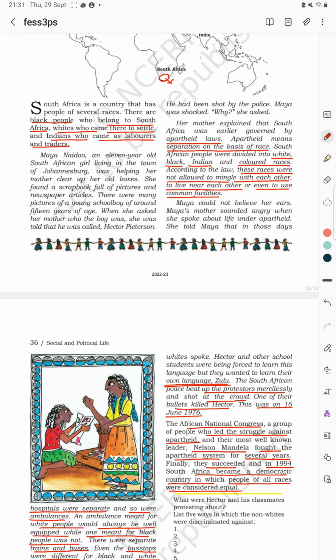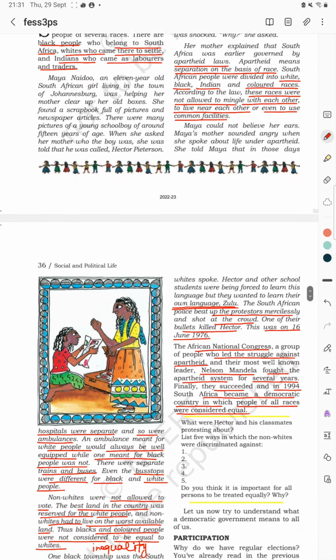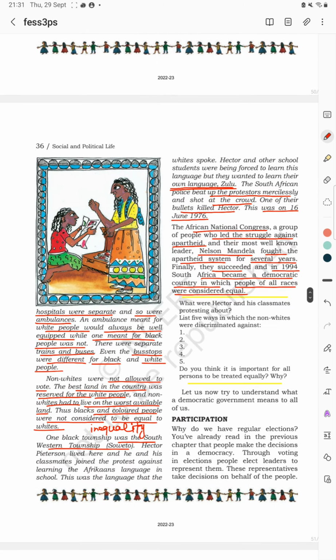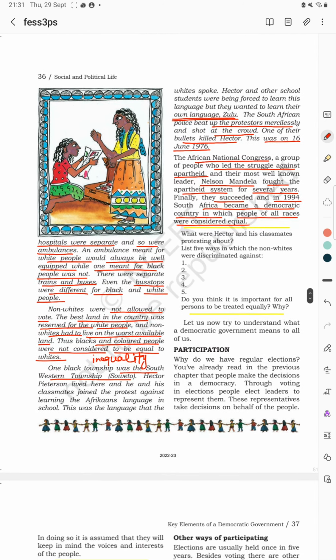So they struggle for the betterment of their life, or they protest against the system. So ultimately there has to be some resolution to their demand, which makes them feel equal along with other sections of the society.